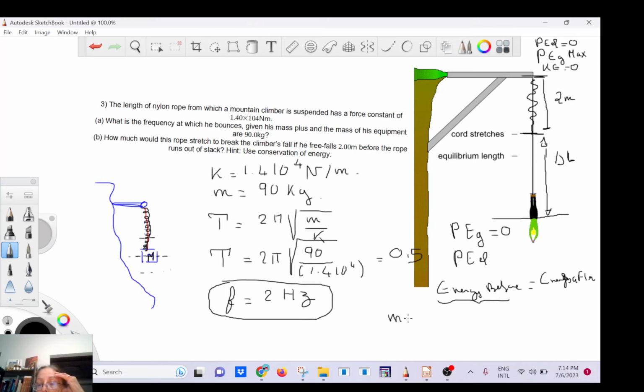So you're going to have mg, and the height here is going to be delta L plus 2. At the end, it's all in elastic potential energy. So it's going to be 1/2 K delta L squared.